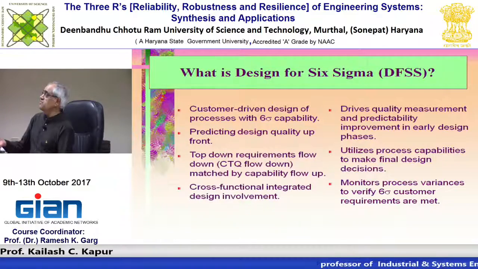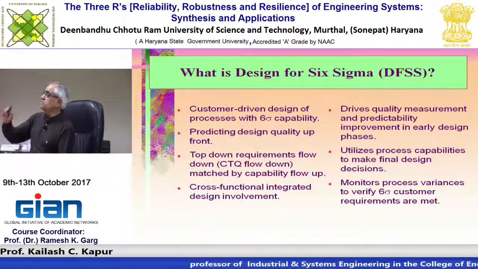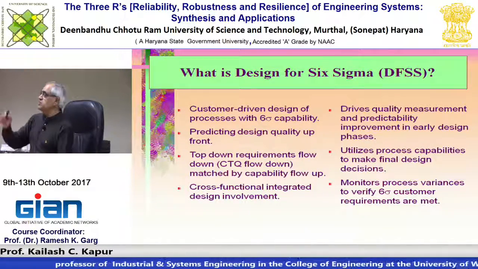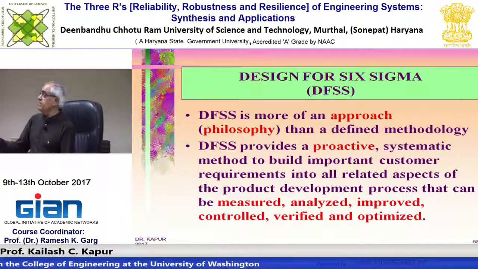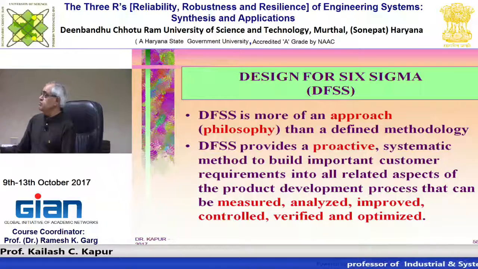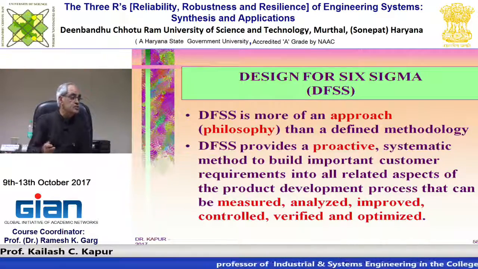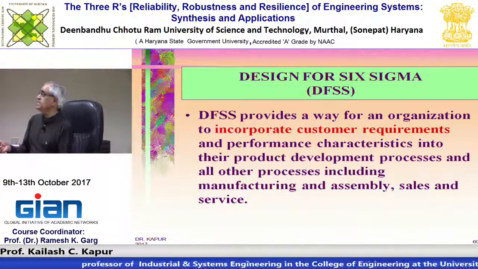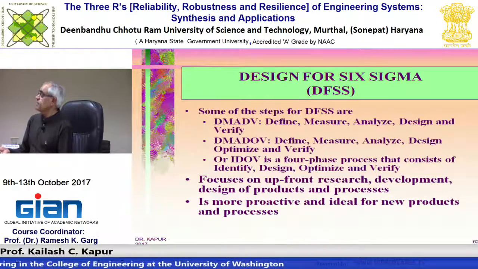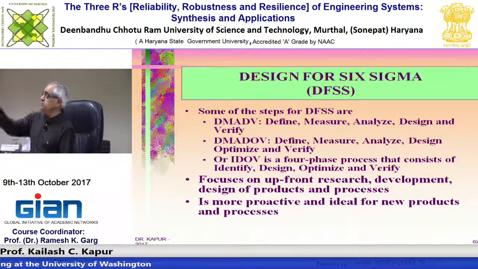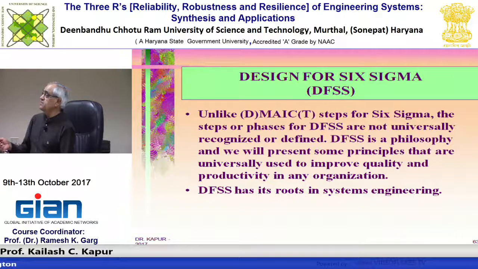Then we talked about design for Six Sigma, and how that is different from Six Sigma. Design always meant that it focuses on the philosophy and approach based on a systems approach. That was the key idea. So what is design for Six Sigma? And what are some of the phases when you design for Six Sigma?